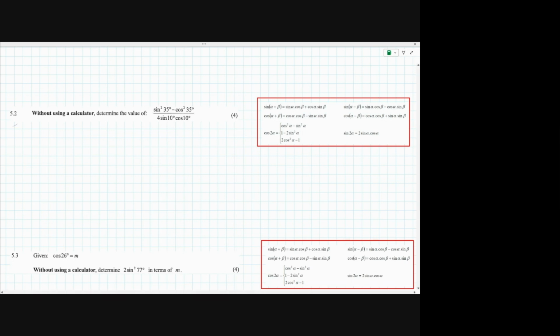Now, immediately, without using a calculator, and because I've got actual numerical angles, I need to be thinking of my special angles. However, the problem is none of those are special angles. None of them. So now we have to think, okay, eek. If I can't make them special angles, which I can't really, like I can't say 45 minus 30 or anything like that to get 35 or 10, I need to now think, is there a way for me to get a co-ratio?